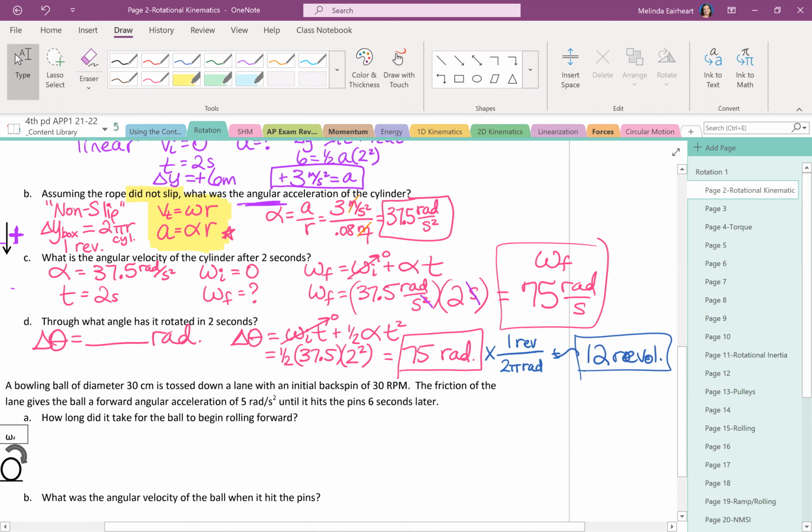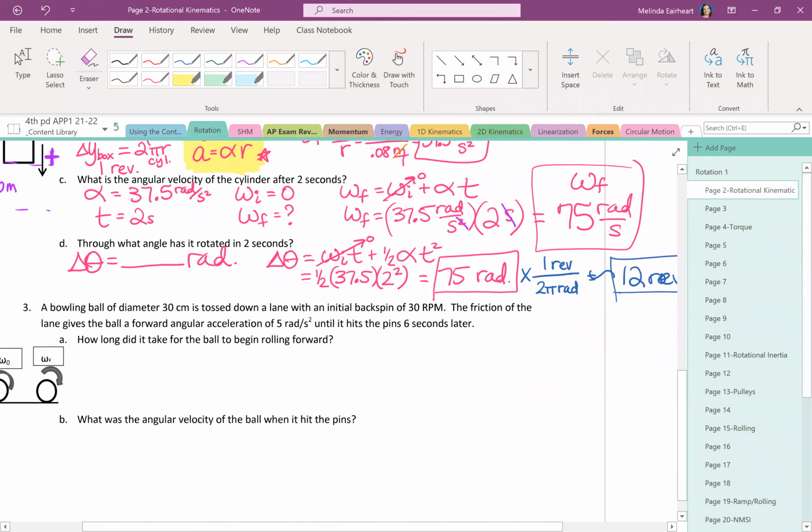They won't say it's massless and frictionless. And by the way, I think last year or the year before, there was a pulley question, and it started part 1, massless, frictionless pulley. And then by the end, like part D, it said, now imagine the pulley has mass and friction, okay? And so then you had to do rotation to answer it.